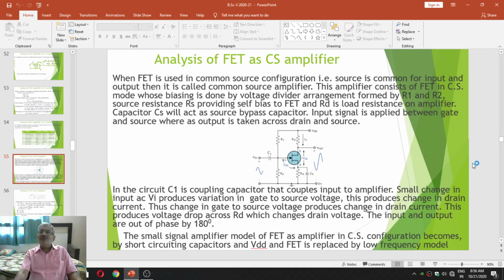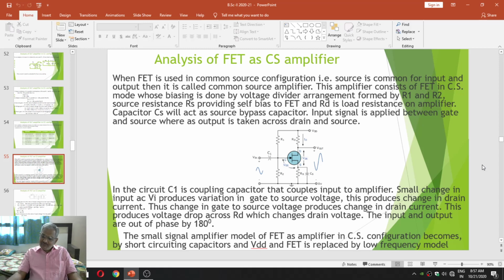We also studied that FET is a unipolar device in which the current is conducted by only one type of charge carrier. We studied the output characteristics of the FET last time. We have studied the FET parameters and the relations amongst those parameters.